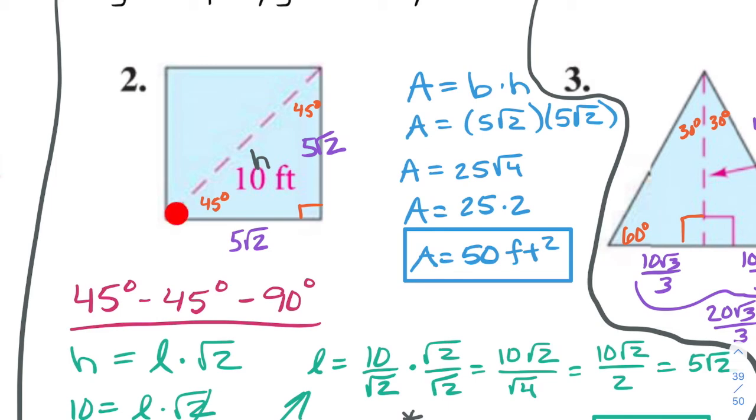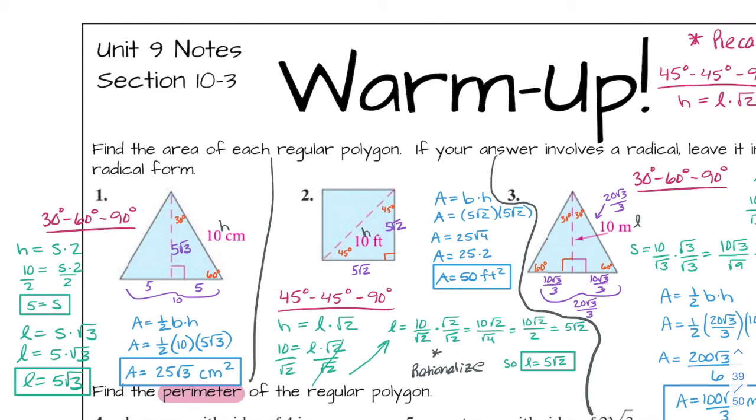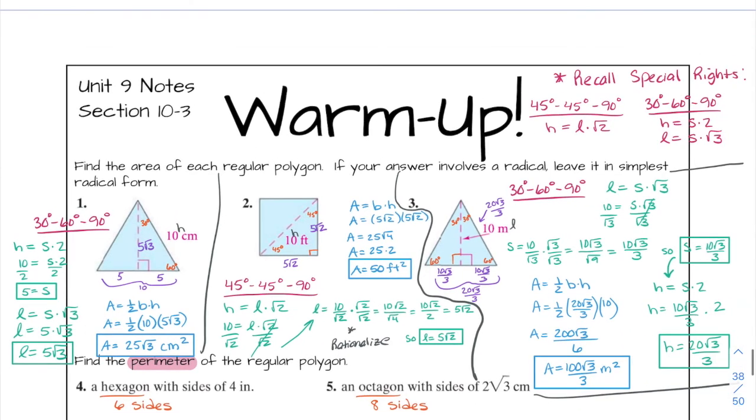So this diagonal is 10. This diagonal is 10. So we do 1/2 times 10 times 10. 1/2 of 100 is 50. So the point of this lesson is to use different strategies, but really to use 45-45-90 and 30-60-90 only when it's most necessary to do so.